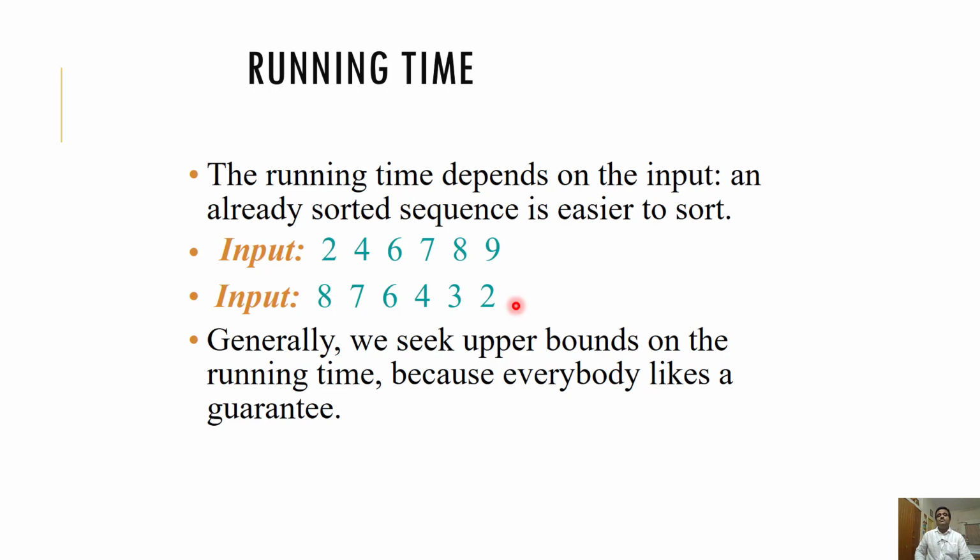That means runtime will depend on the input. So that's why we have three types of analysis: worst case analysis, best case analysis, average case analysis. This is the worst case scenario for insertion sort, if the input is reverse sorted, because in that case everybody has to come to the beginning of the array.